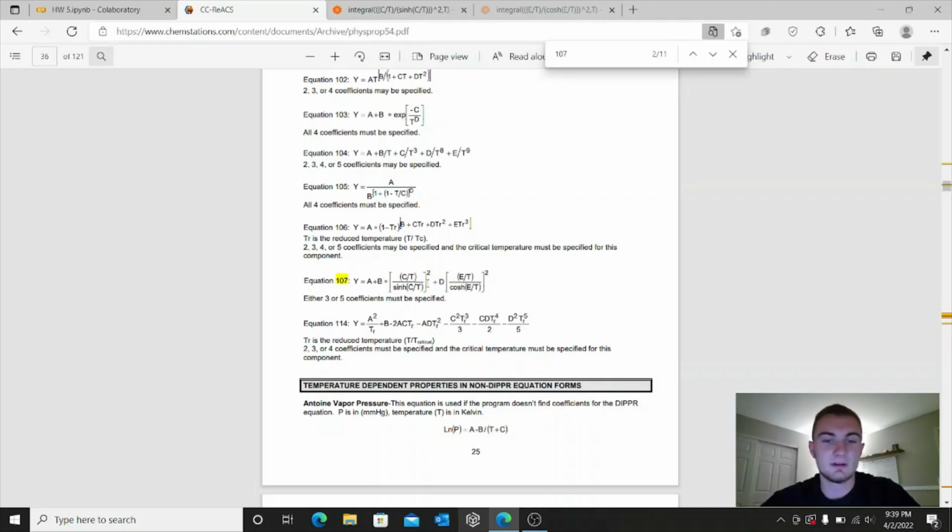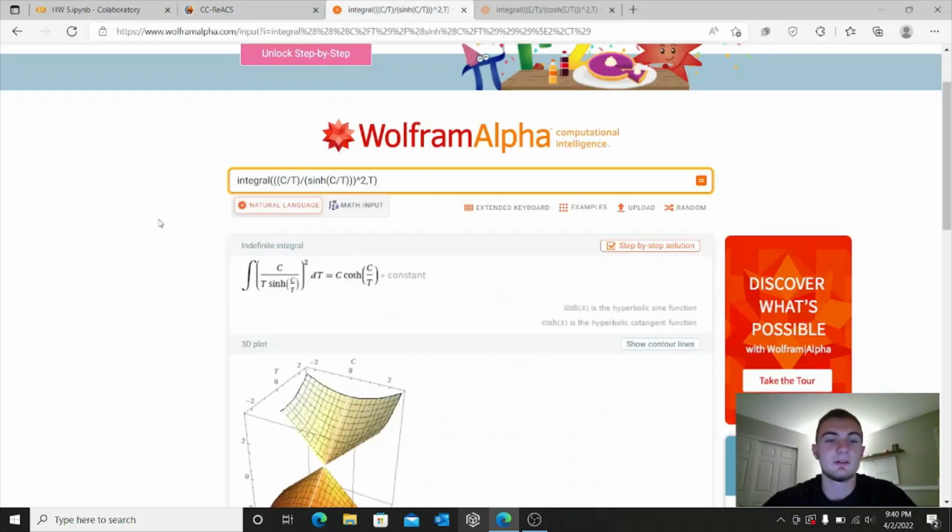So instead of trying to do this integral by hand, I've gone ahead and used Wolfram Alpha in order to determine the integrals of both this term here, c divided by t over the hyperbolic sine of c divided by t squared, as well as this term here. And we can take these integrals and just multiply them by b and d, since b and d are just constants. So here are our integrals.